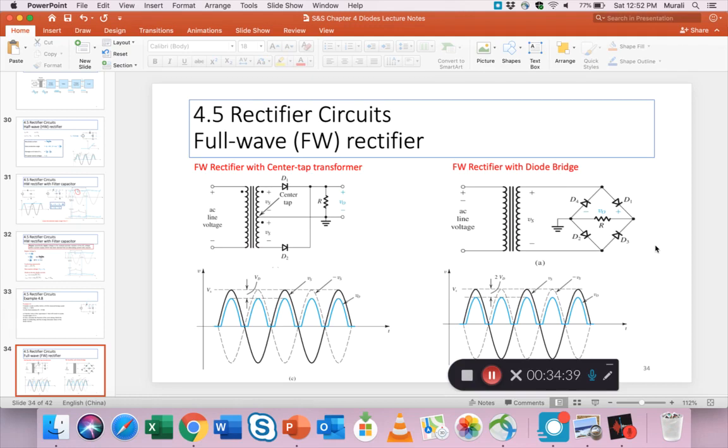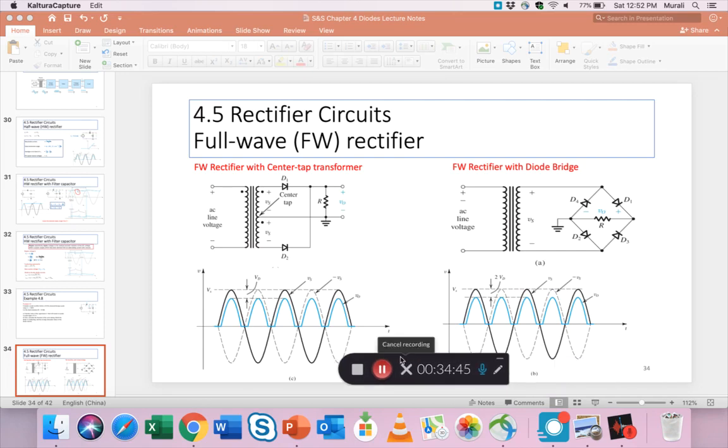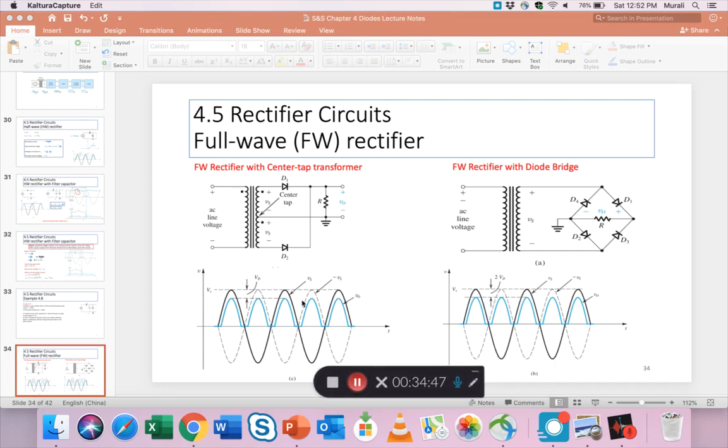Now what you'll notice is that there are differences even between the two. They are not identical. On the left side, with just the center tap, the gap between the peak of the incoming voltage and the peak of the DC load voltage is Vd, while here the gap is twice Vd.